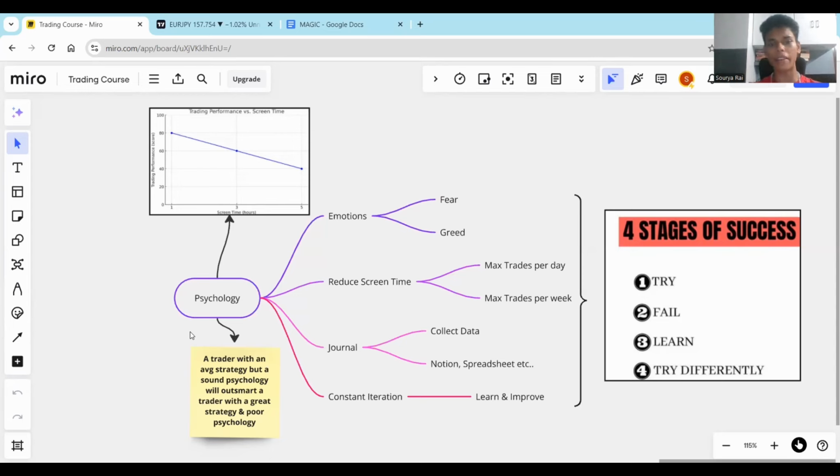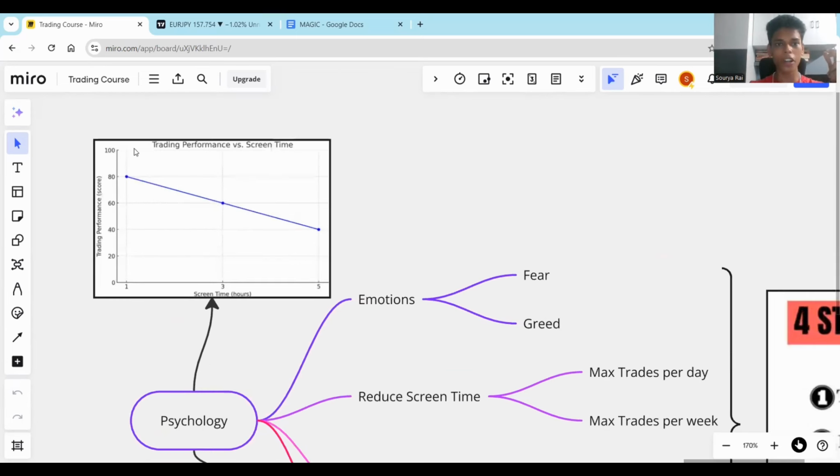The very first tip that I would like to give you is to reduce your screen time. By reducing your screen time, I do not mean to reduce your learning time. You still need to put in the hours to learn. But by reducing your screen time, I mean reducing the actual amount of hours that you put in while trading. So if we have a look at this graph over here, our trading performance diminishes by the number of hours we put in.